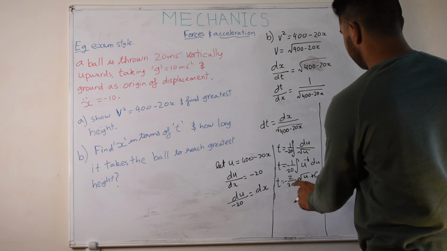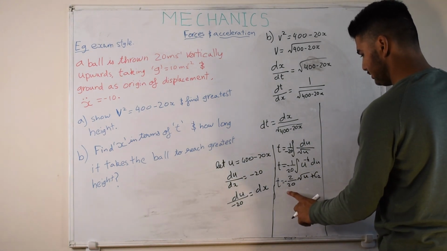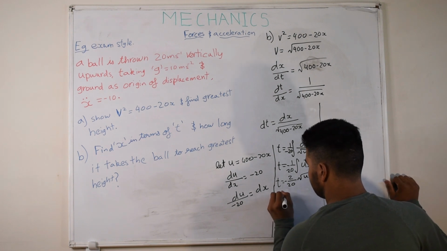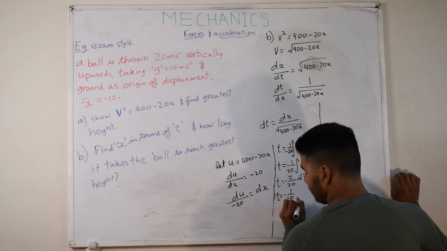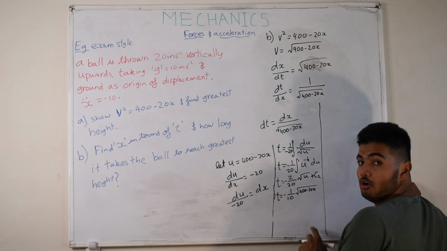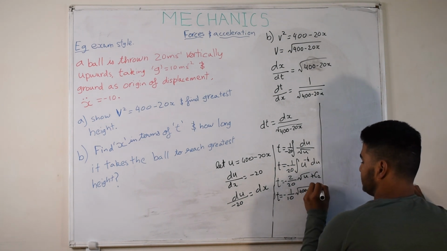Correct? This is what we get. Next step would be t equals negative 1 upon 10 times the square root of 400 minus 20x over here plus c2.